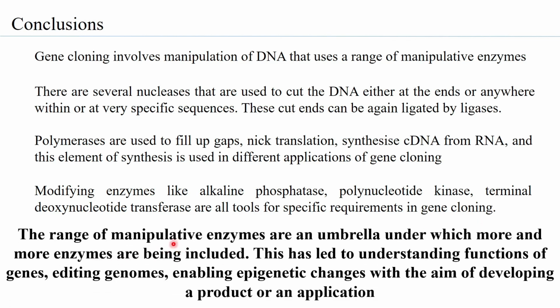Thus, the range of manipulative enzymes are an umbrella under which more and more enzymes are being included. This has led to understanding functions of genes, editing genomes, enabling epigenetic changes with the aim of developing a product or an application.